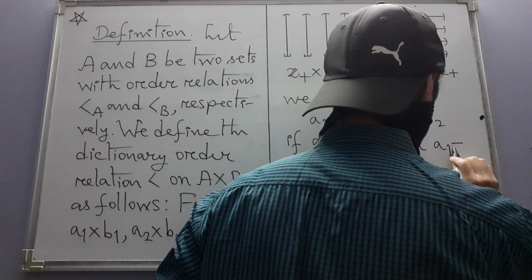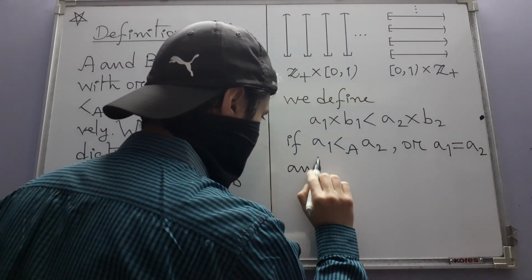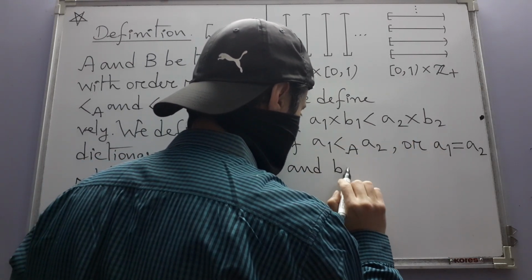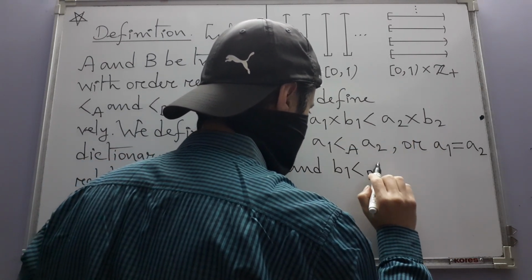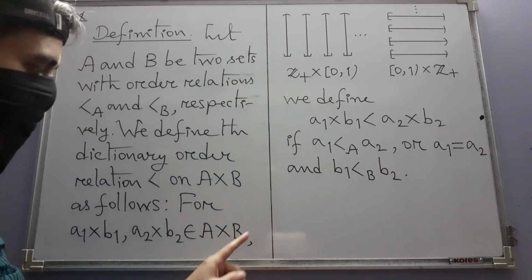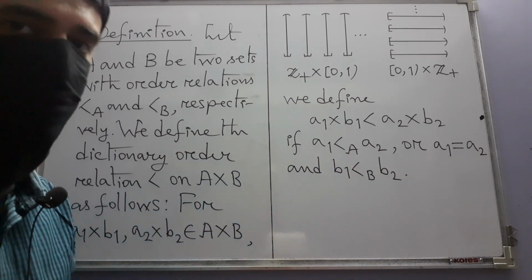If A1 and A2 are the same, but the second components are related like this. And because B1 and B2 will be coming from B, we use the ordered relation on B to compare them.